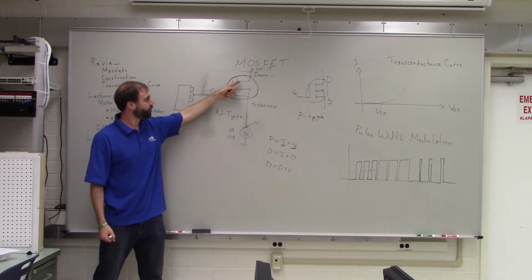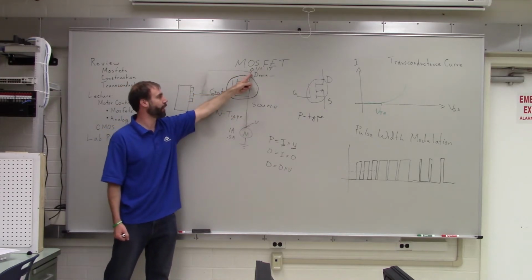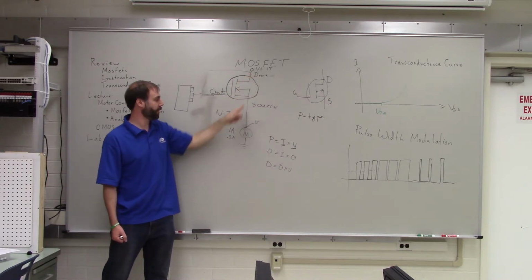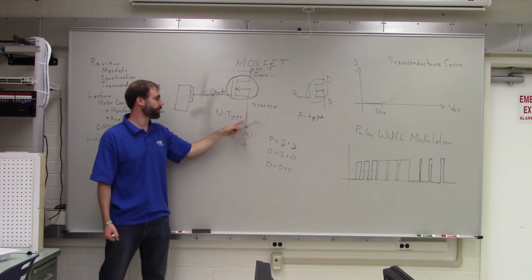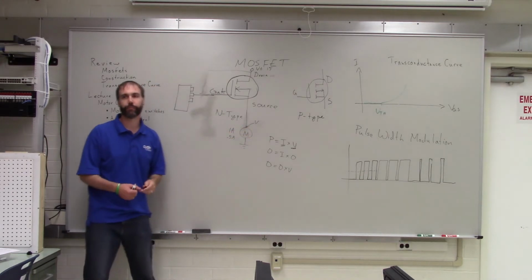If we turn this MOSFET on and allow the current to flow, essentially we're creating a wire from the 15 volts down to this position. So we could set this voltage to be high, right?